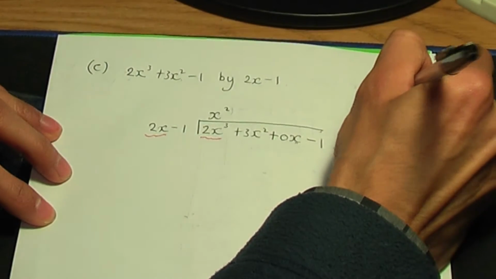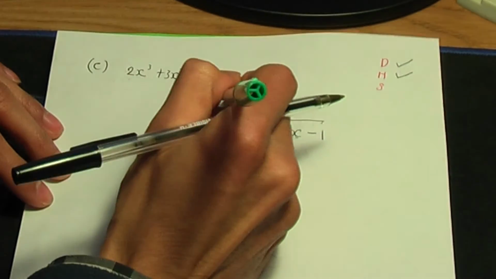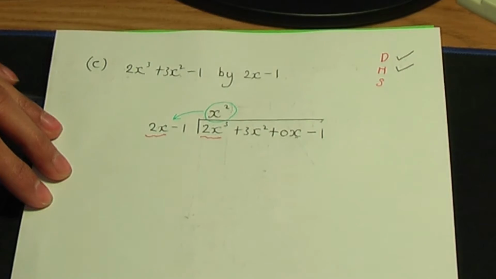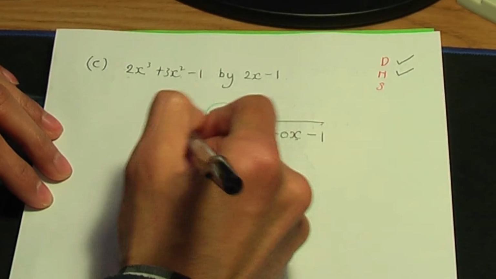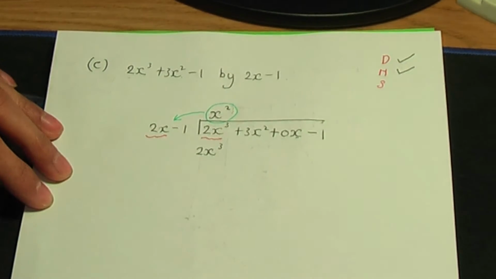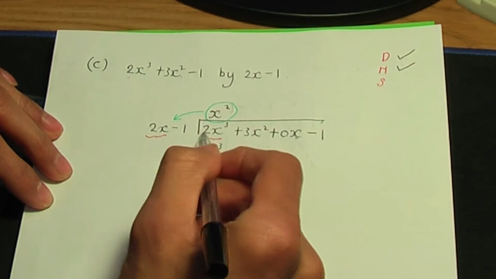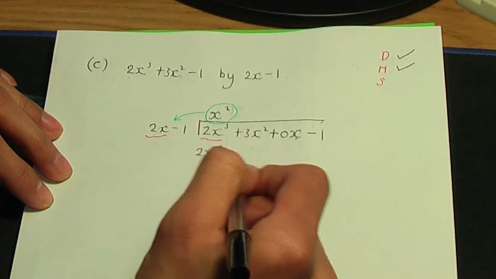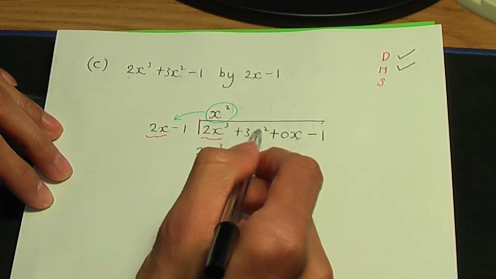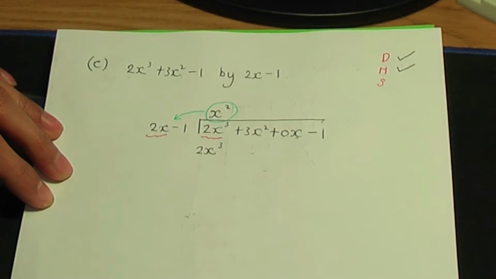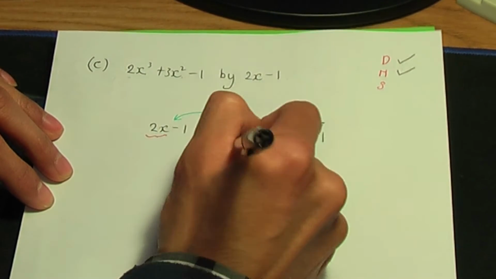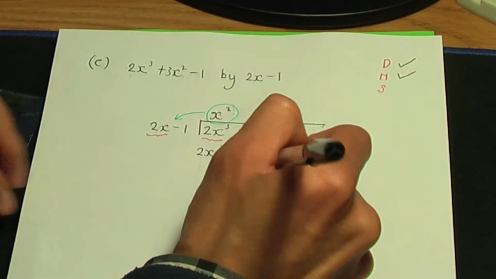And then you do M. M means multiply. So now multiply the x squared by 2x minus 1. X squared times 2x is 2x cubed. Remember, write down the terms when you multiply below the corresponding power terms in your dividend. And let's continue, x squared times minus 1 is minus x squared.